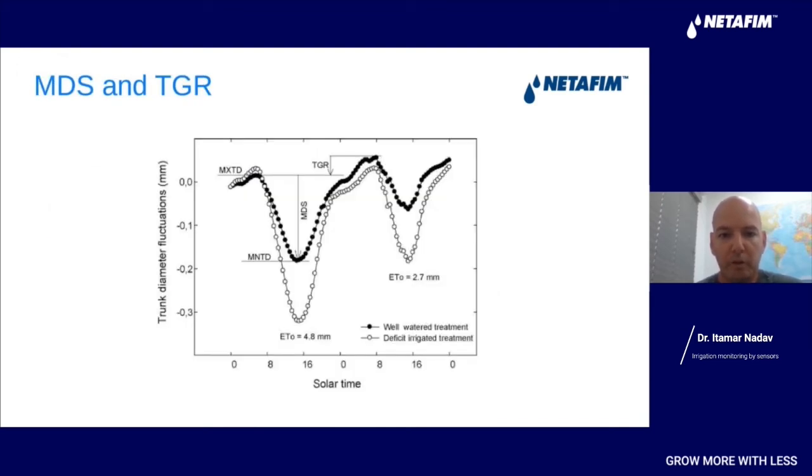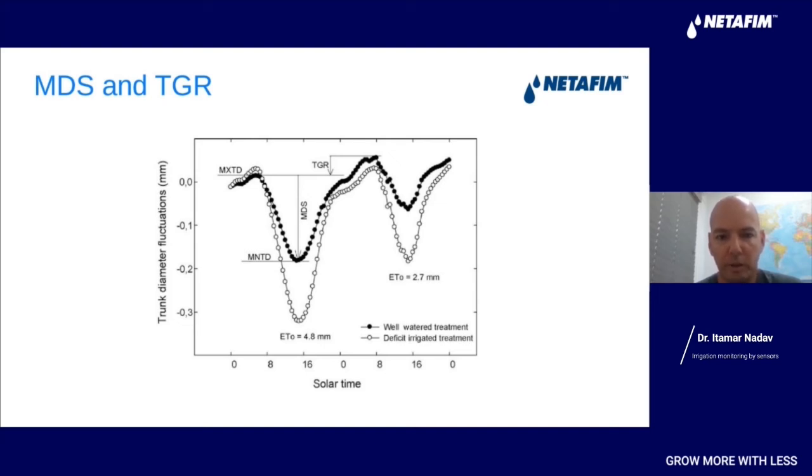here you can see actually what the graph of the dendrometers looks like. So you can see that during the day the trunk is shrinking, and that's because the plant is losing water. And you can see that if the plant is under more severe stress and has less irrigation, the MDS is much higher, which indicates much higher stress.